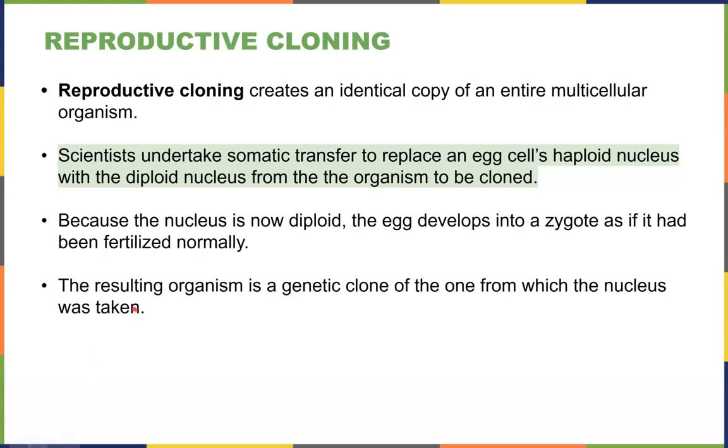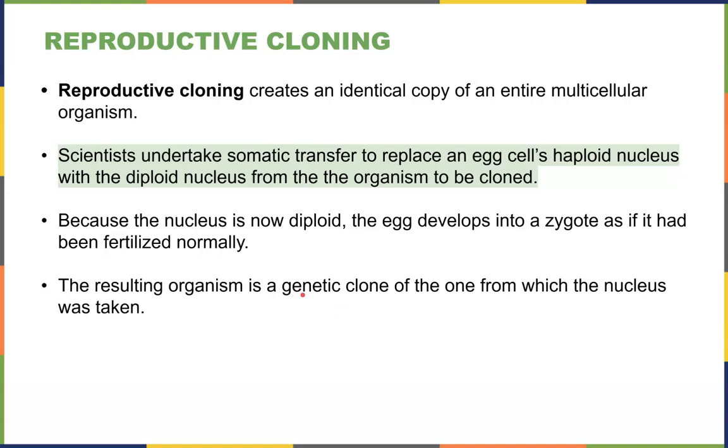So now they take DNA from a somatic cell, so they take a diploid nucleus from a somatic cell, and they replace the haploid nucleus in the egg with it. So they swap them out. So the DNA in that cell now is just the DNA of the original organism.